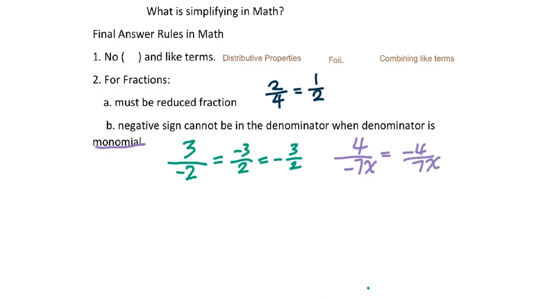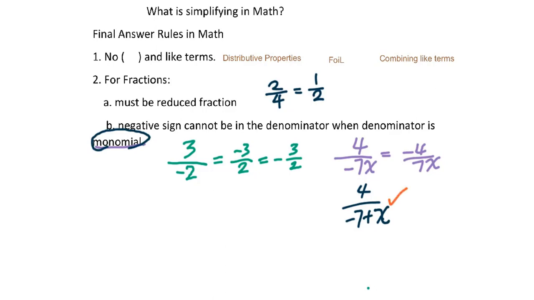But when you have 4 over negative 7 plus x, this negative 7 plus x is not a monomial, so this will be okay.